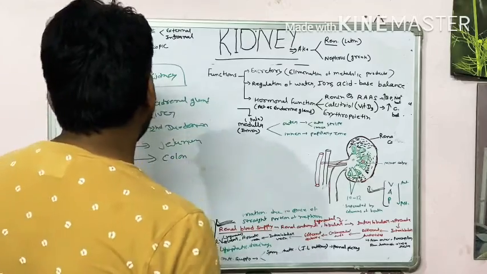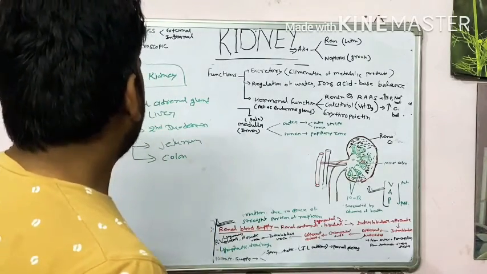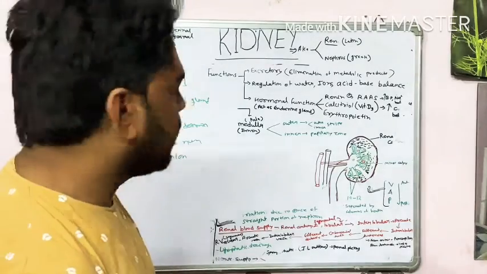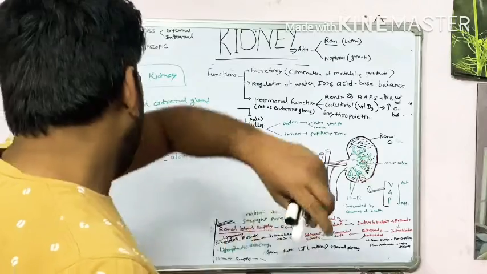These are the anterior relations. From your book you can also draw the diagram in the exam.